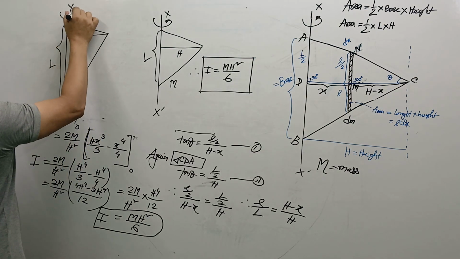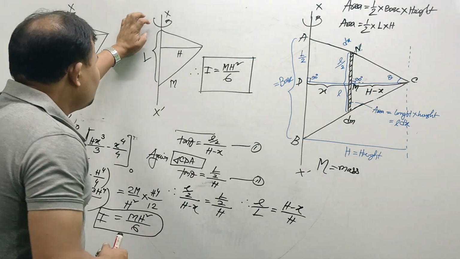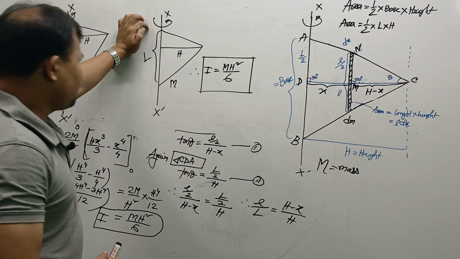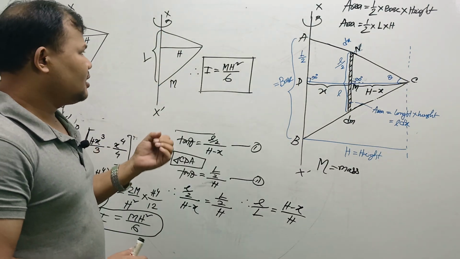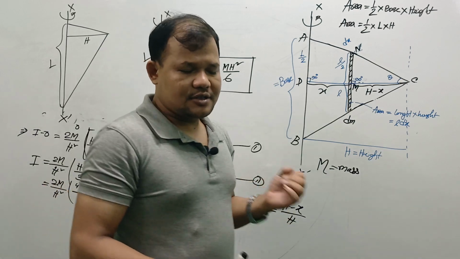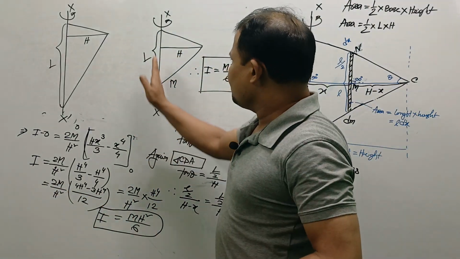Always remember that if the rotational axis x prime passes through the base of the triangle, then the base cannot be counted, as the base is parallel to the rotational axis.